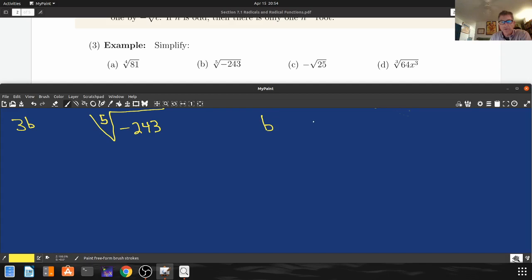So b is going to have to be negative. So let's let b equal minus 3.